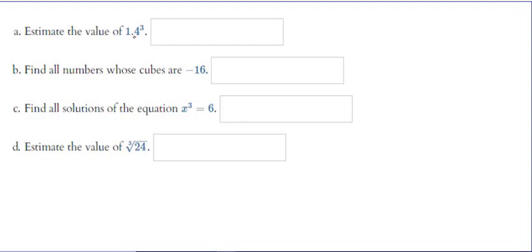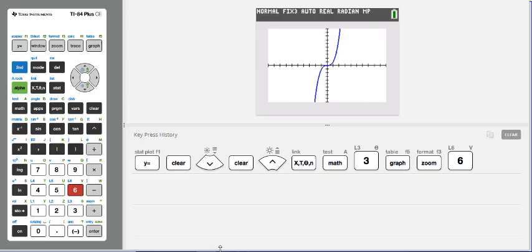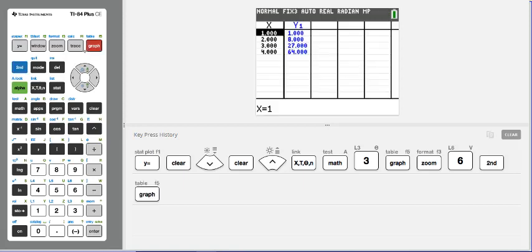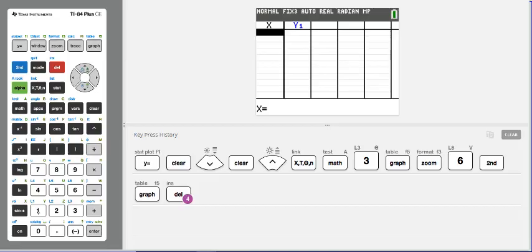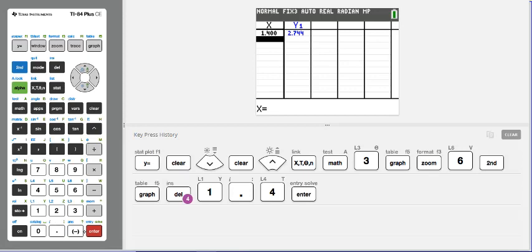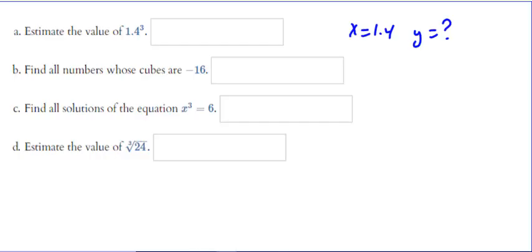That's an input. So the x value is 1.4, y value is what? I'm going to type in 1.4, hit enter, and I got 2.744, right? No big deal.